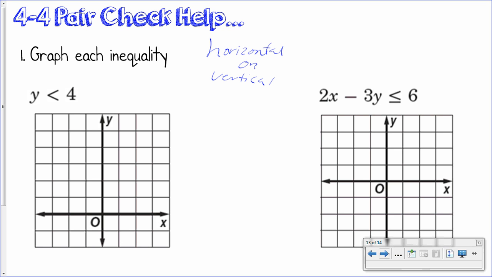Now, since it says y, that means all my y's have to be the same, right? Okay, so is that horizontal or vertical? It's going to be horizontal. Good. 1, 2, 3, 4. Solid or dash line? Dash line going across. Do I shade below or above? Below. Good.